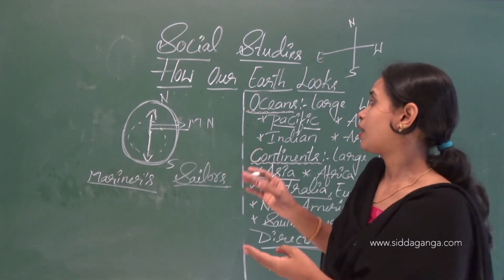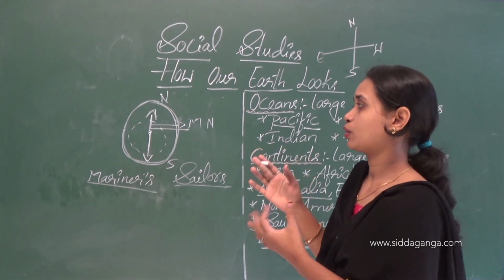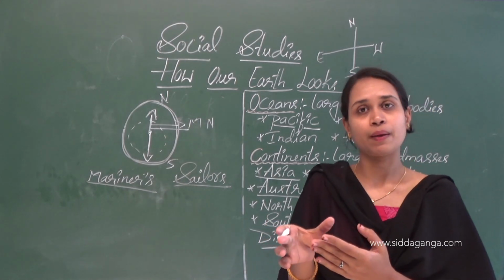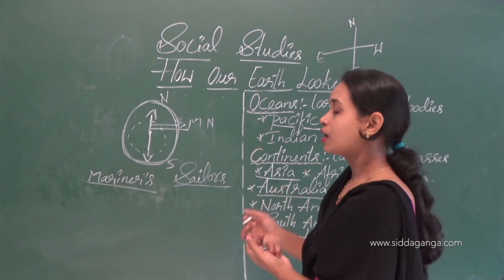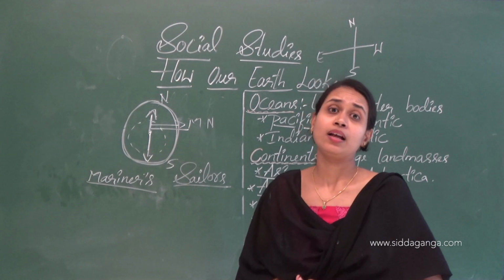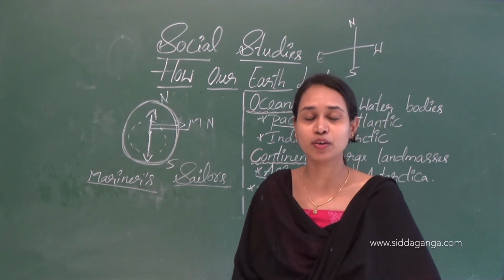So what we learned in this topic: globe, maps, oceans, continents, and directions. In this chapter we all learnt it. I hope that you all understood better. Okay, and thank you so much.